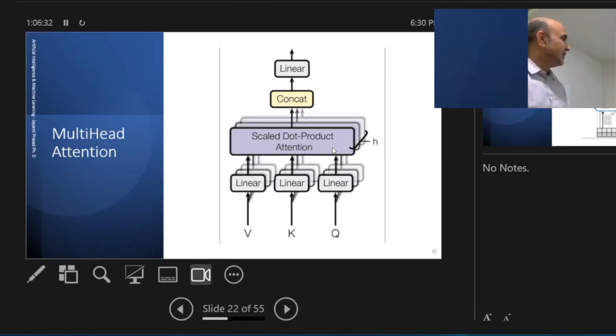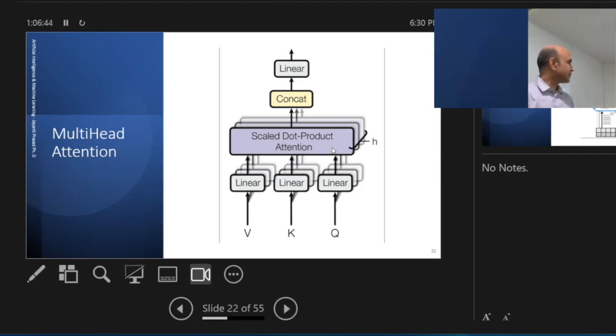So this is multi-head attention. You can see that the single memory state was split into three vectors V, K, Q, and then they ran in parallel for multiple heads with scaled dot product attention. It's obvious basically, just a scalar product between vectors.